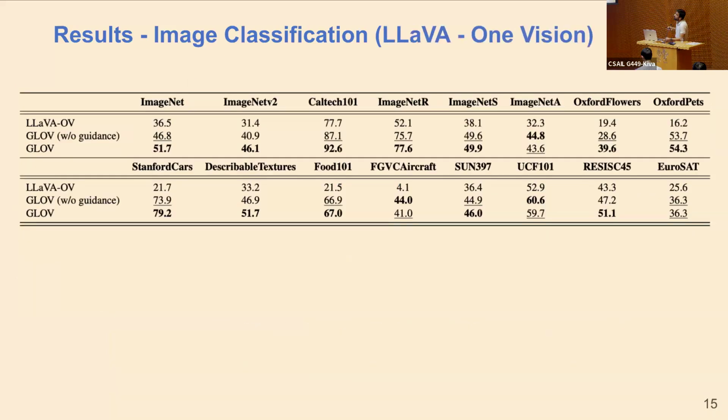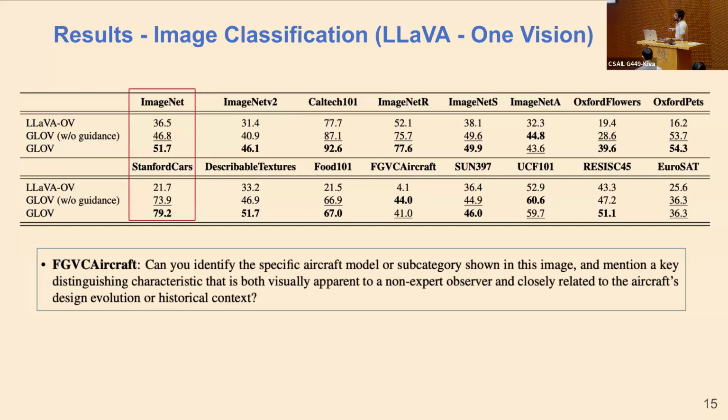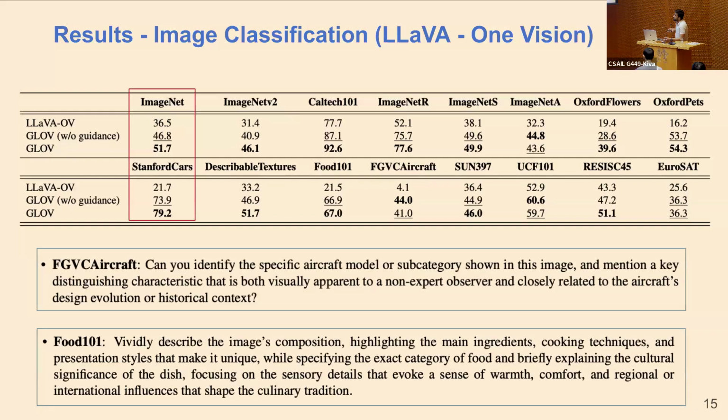Okay, results for LLaVA 1 Vision: we see particularly huge gains, for example for the large-scale ImageNet and for the Stanford Cars dataset. These are a couple of prompts which were generated by the model.